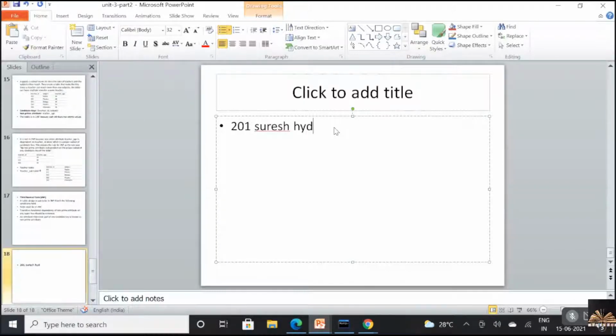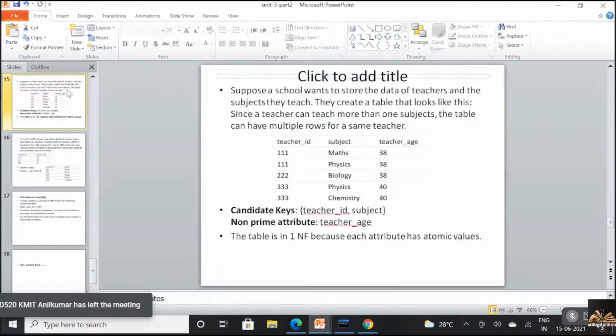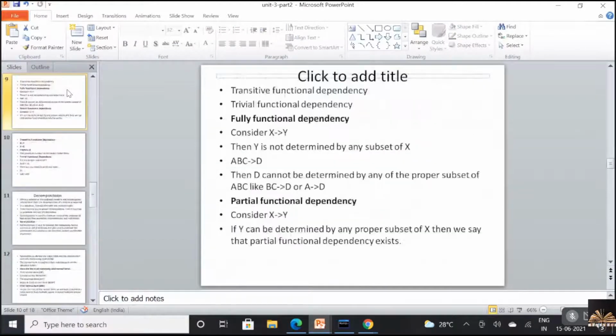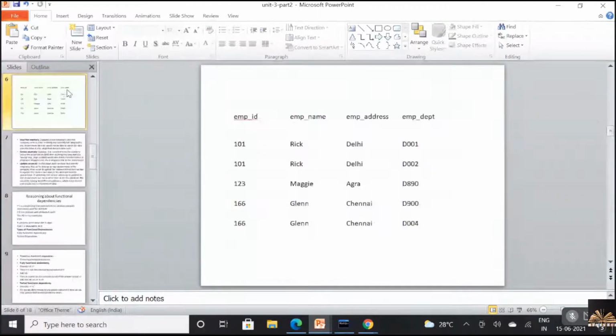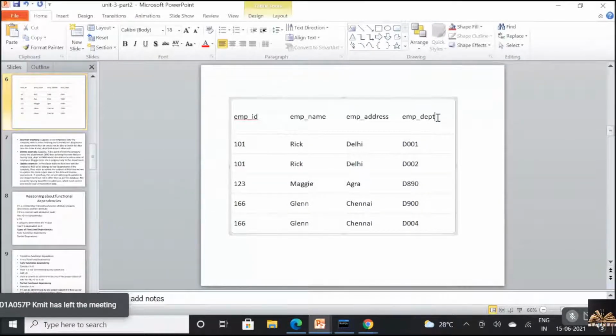Since he is new to the company, his working department is not yet known, so he hasn't been assigned any department as of now. Now, what does the table say? My employee department cannot take a null value.